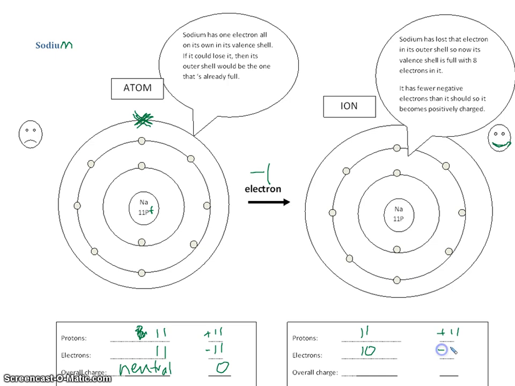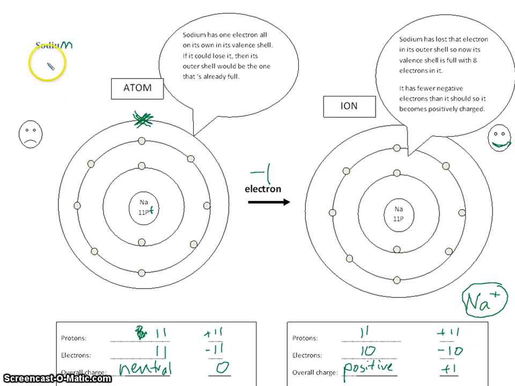So it's plus 11, minus 10. So overall, it's got more pluses. It's positive. It's plus 1. Now we write the name for this as Na+. We don't put the 1 in. We don't usually write 1s. And that's how we make ions.